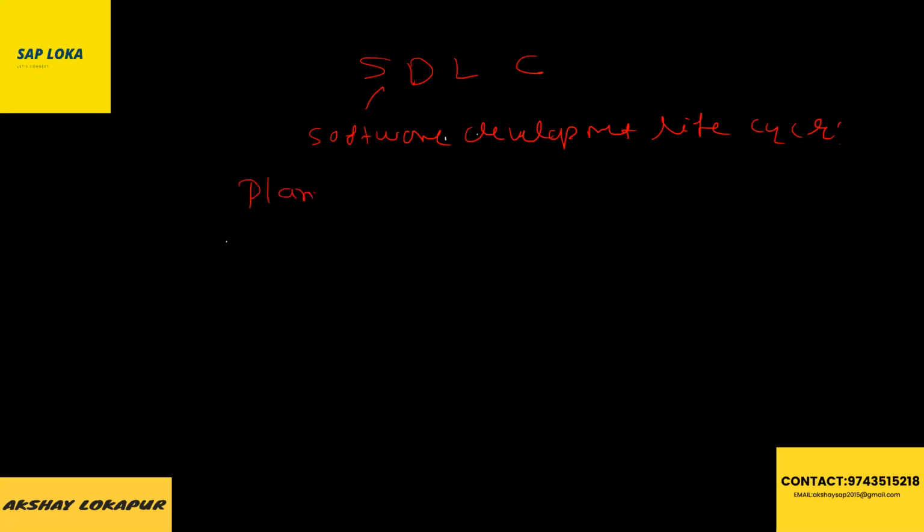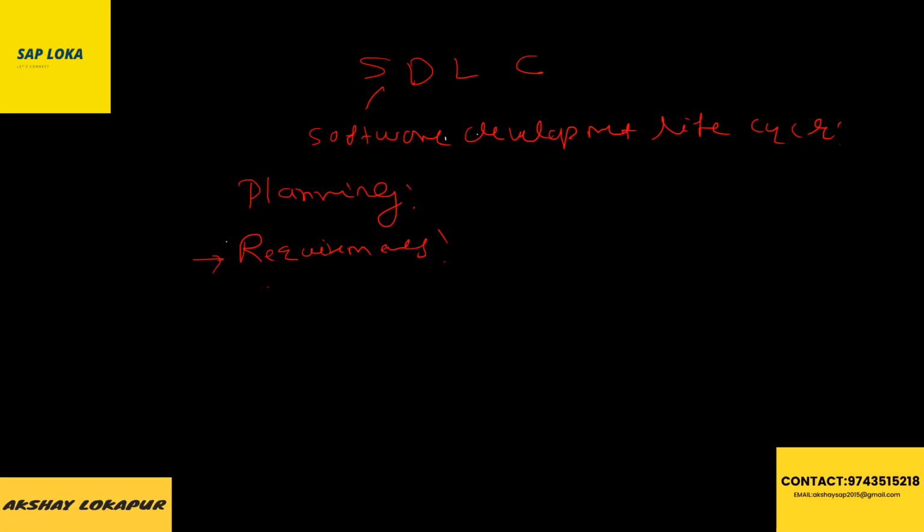They will follow SDLC, Software Development Life Cycle. What will they do in the software development life cycle? They will do the planning initially, what they actually want, and then they will identify the requirements. Requirement gathering you can call it.